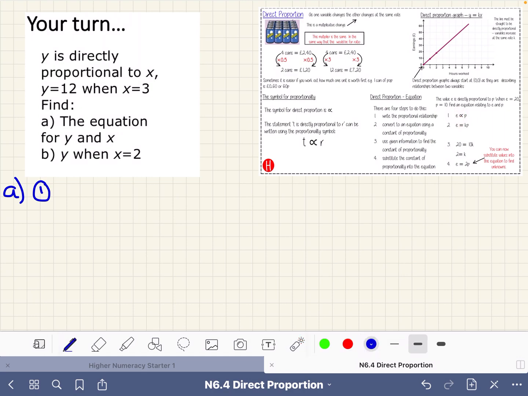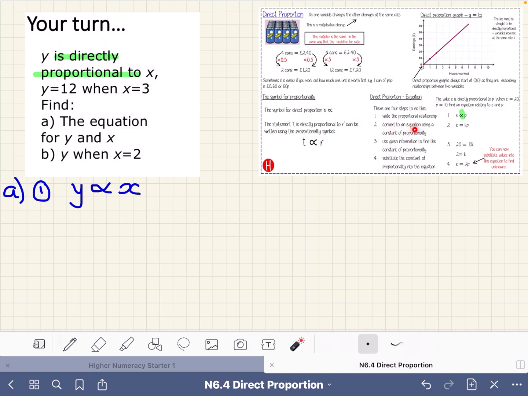So in this case, we can see that y is directly proportional to x, where the directly proportional bit is represented with this symbol here. That means I write y down and I say it's directly proportional to x.